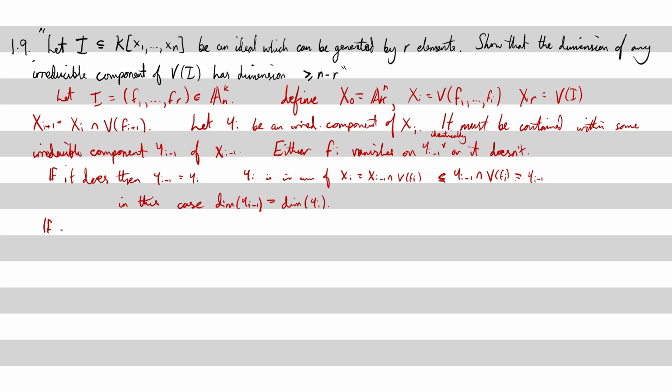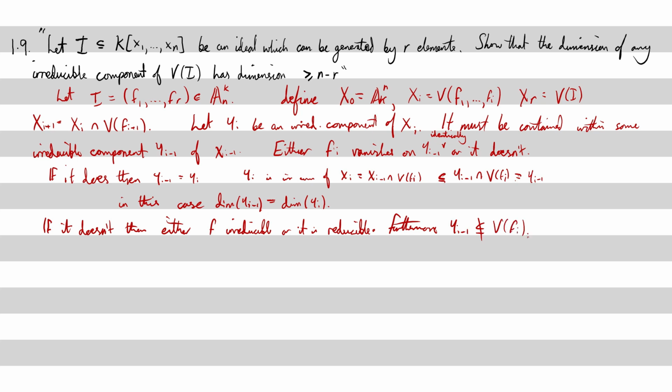Now, if it doesn't, we further reduce this into two sub-cases, I guess the word is. Then either fi is irreducible or it is reducible. Furthermore, Y(i-1) is a subset and not equal to the vanishing set of fi.